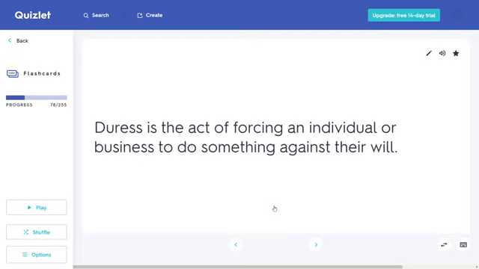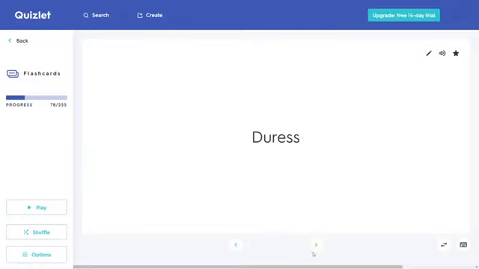When you hear the word duress, I kind of think of stress. Obviously, it's not a great thing, and I'm pretty sure it's illegal. But when you hear duress, just think of stress and the fact that it's against their will.